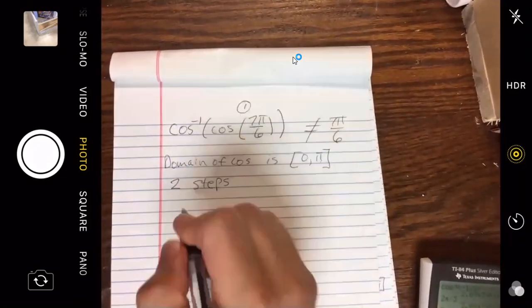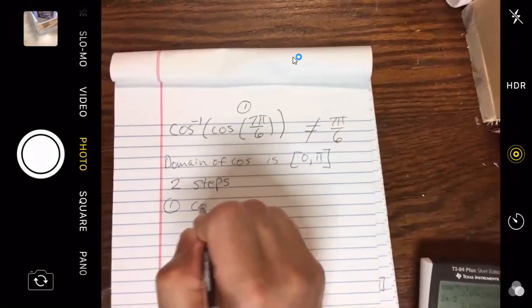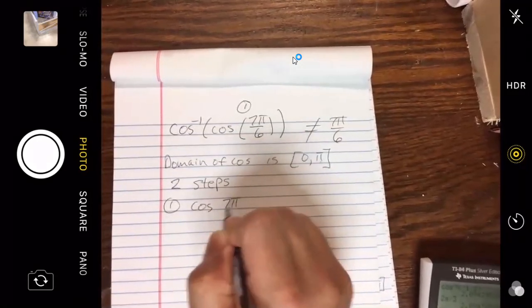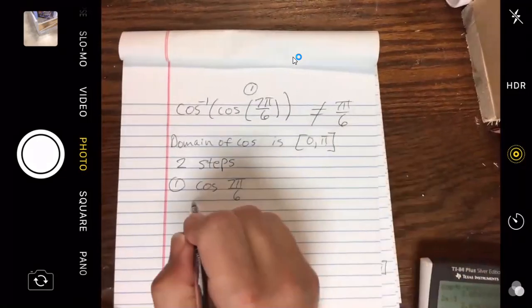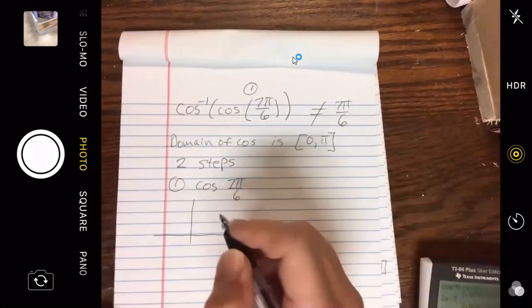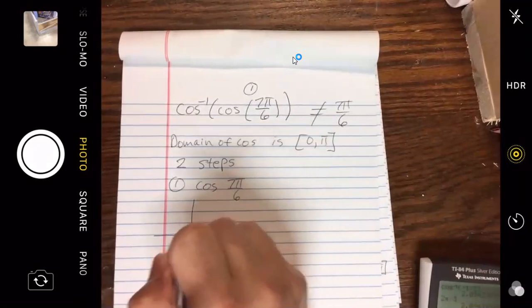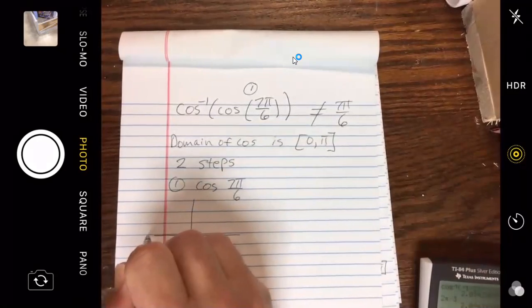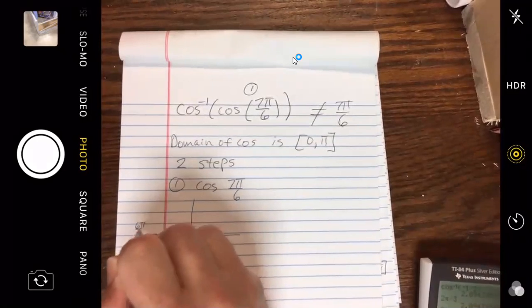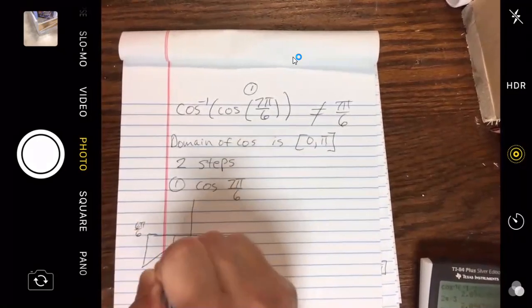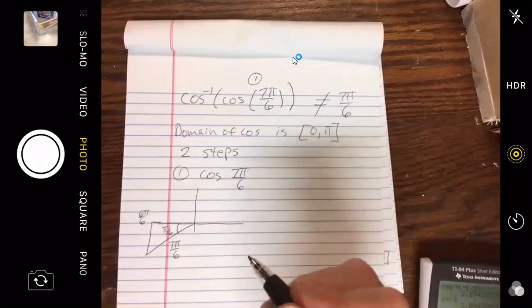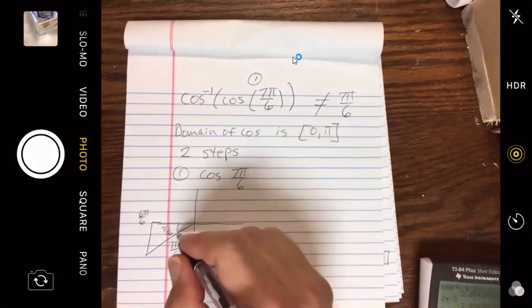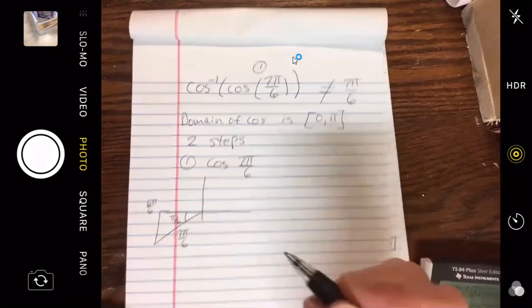Step 1 is the cosine of your 7 pi over 6. All right. If you go off the circle, 6 pi over 6 would be at pi, and 7 pi over 6 is pi over 6 past that, for a reference. Do we lose anybody?